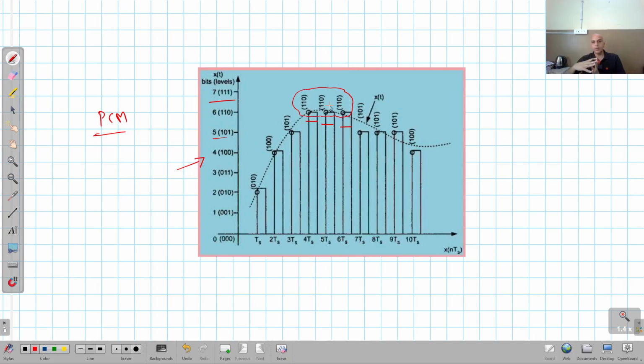How? Because these 3 samples are the same, and they are increasing the number of bits required for transmission. They are increasing the bit rate. The same information is repeated 3 times. It is redundant information. So PCM signals contain redundant information.